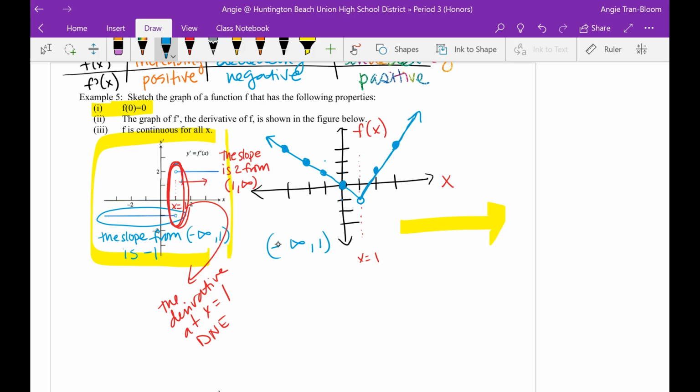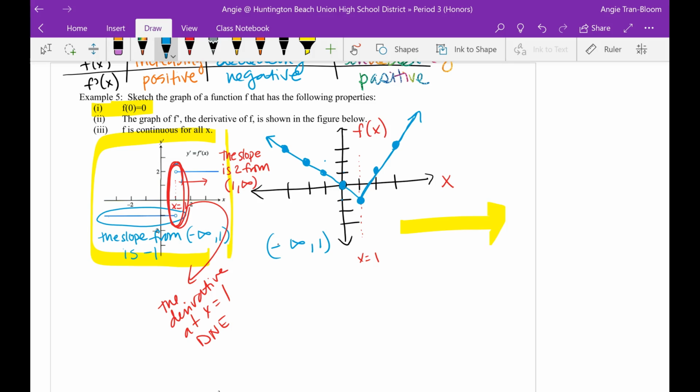So the slope does not exist at x equals 1 because, look, there's a hole. But your condition said that f has to be continuous, so I need to fill this in. It's filled in, yet the slope does not exist at x equals 1.